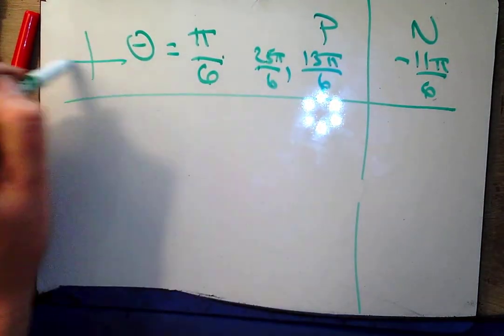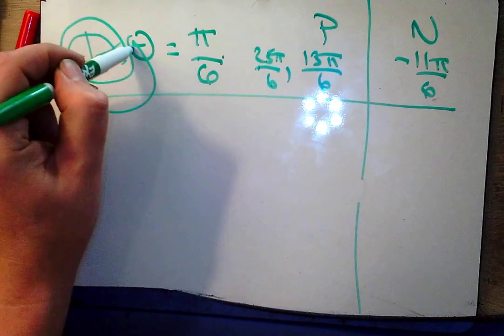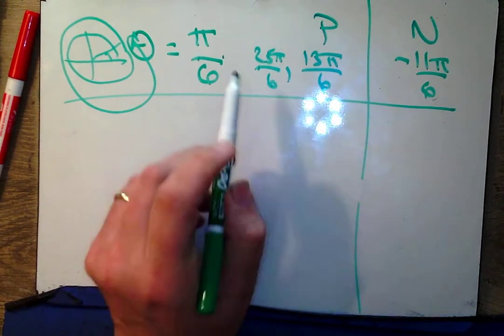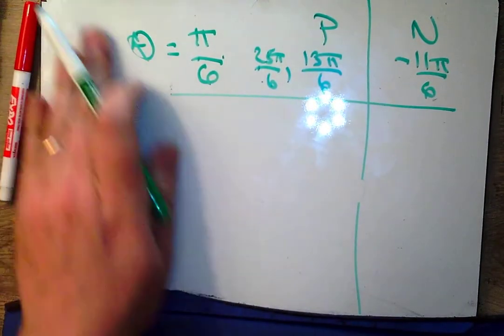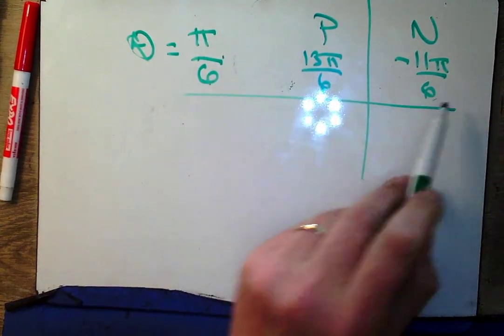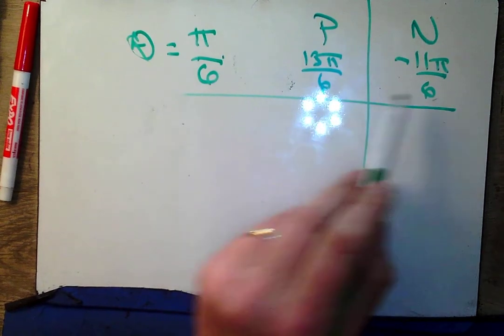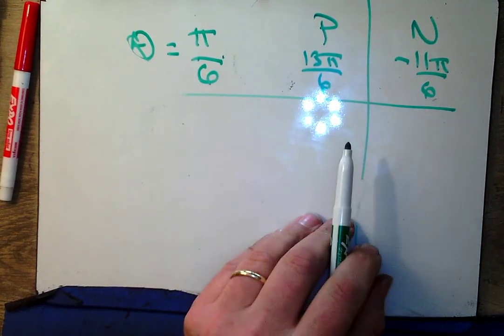That's just me spinning around, not just once, but twice. So we could have lots of positive and lots of negative. In fact, there could be an infinite number. Most commonly, though, non-obstreperous students will, in fact, just add 2 pi or subtract 2 pi.